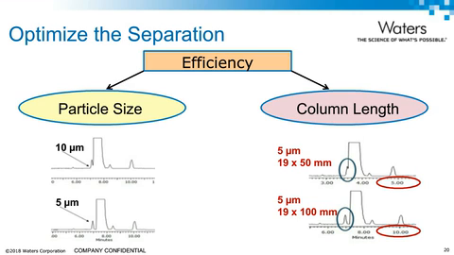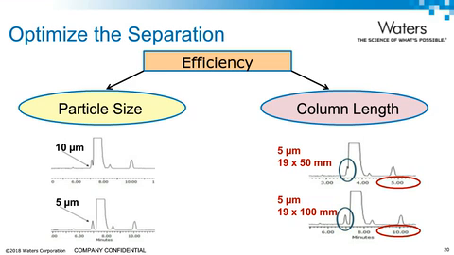We also know that if we increase column length, we increase efficiency, but that has a cost, and that cost is a longer runtime. When we have a longer runtime, we also run the risk of having larger fractions, which would impact our dry down time. So these are things that the purification scientist needs to pay attention to as they're planning their separation.